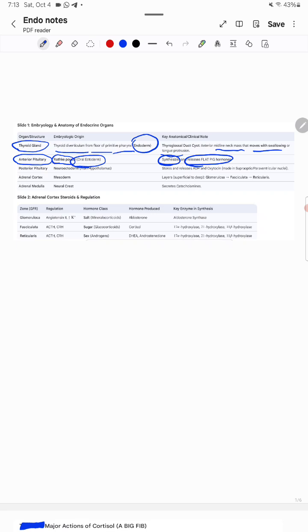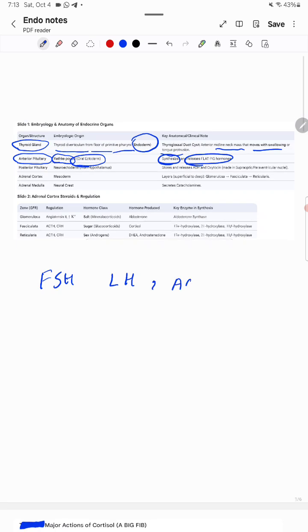This is indicating FSH, then LH, then ACTH, then we are having TSH, then prolactin, then we are having growth hormone. So all these are released from the anterior pituitary gland.